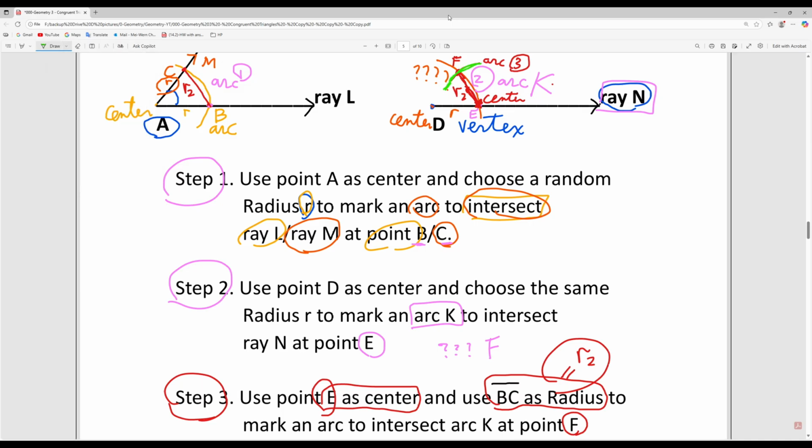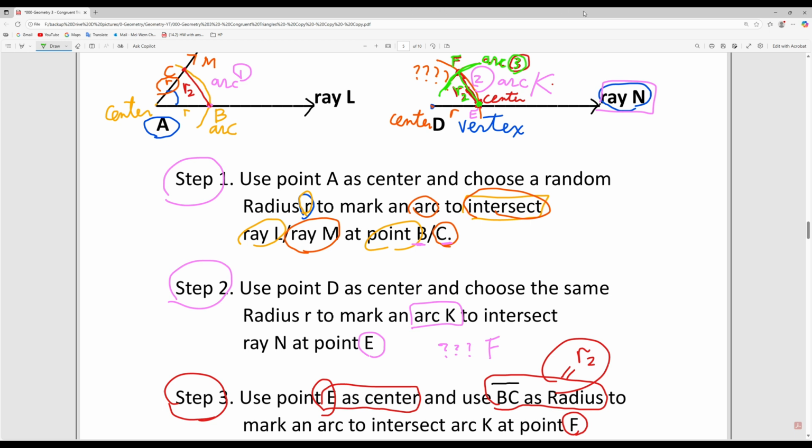Draw an arc. So use E and the R2. So you have the arc. So this is step 3. Then you find the F.